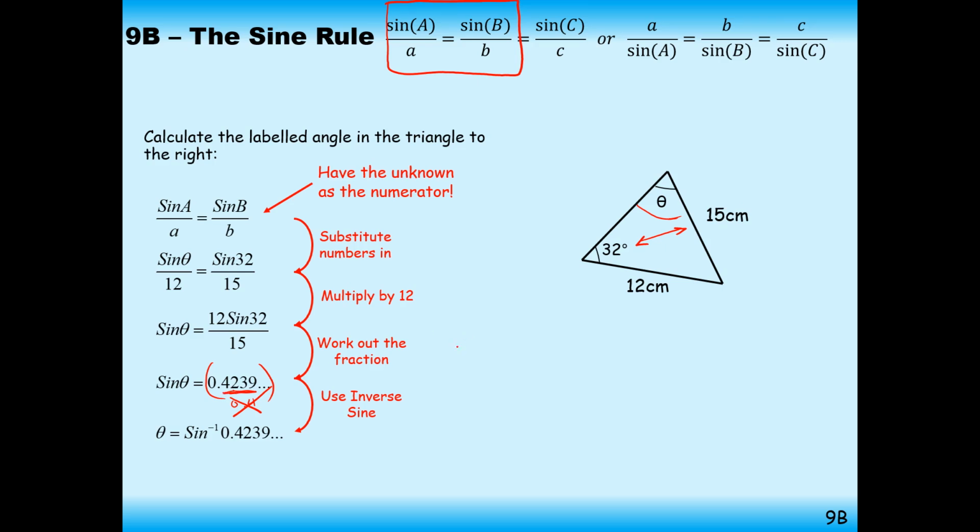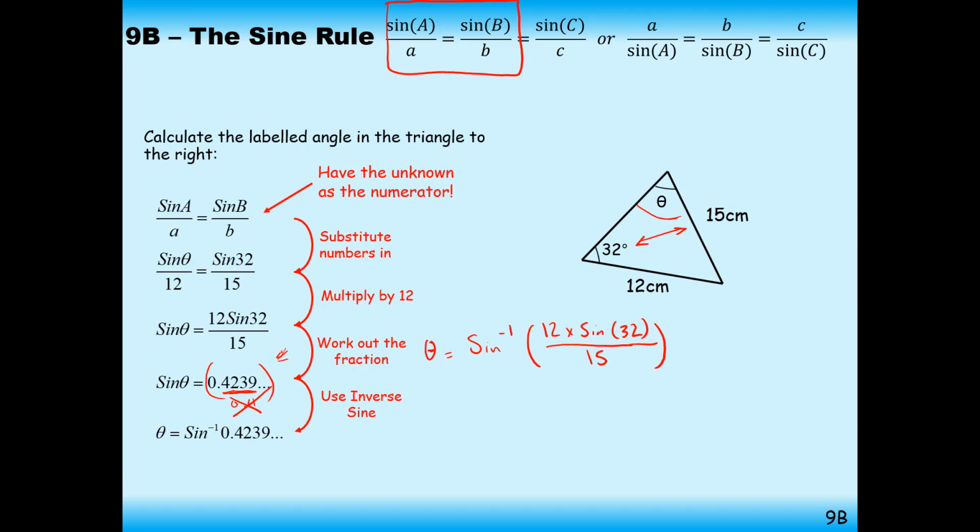So I would simply type into my calculator sine inverse of 12 times sine 32. Just write that; you don't have to evaluate it and show the examiner decimal numbers. If you write this in the exam and say theta is so, they will give you the same amount of marks as they would have here.